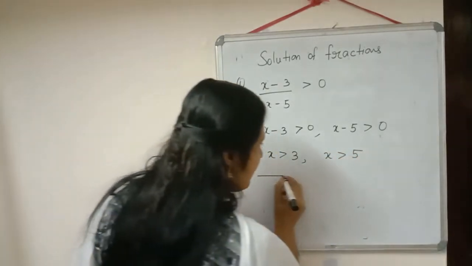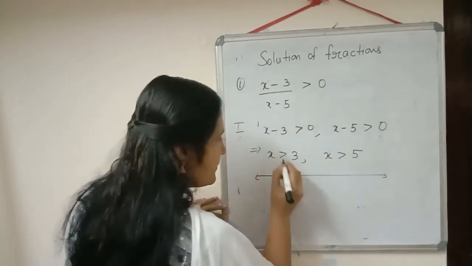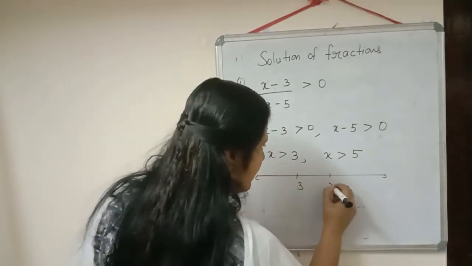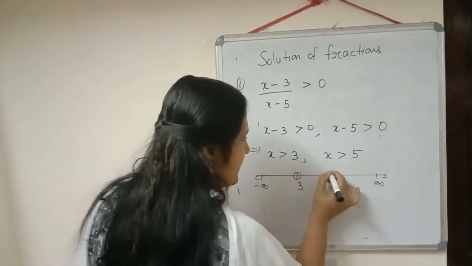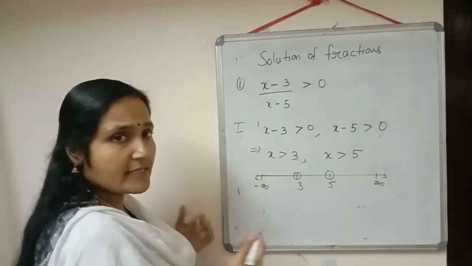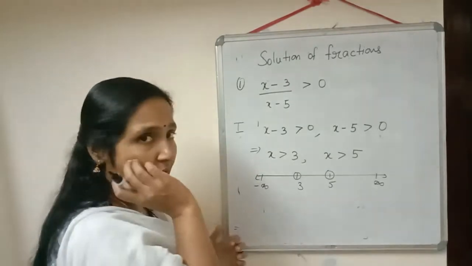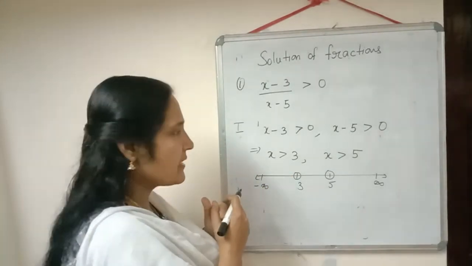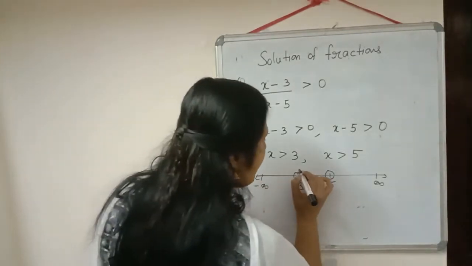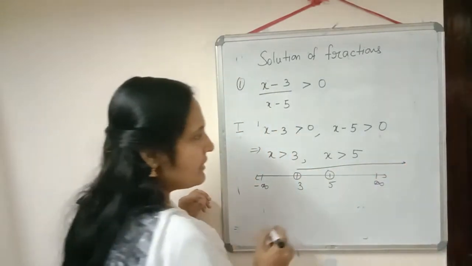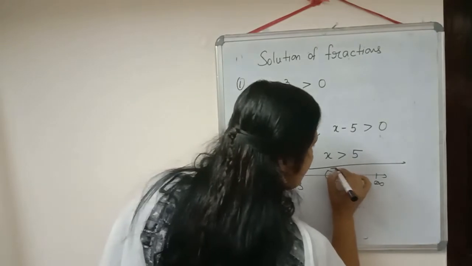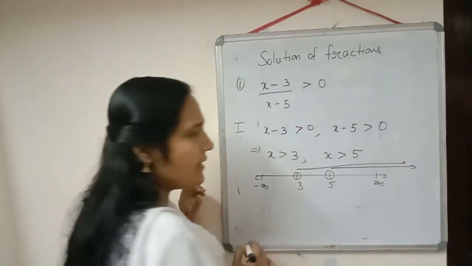So just to draw the number line again, we have the points 3 and 5, with minus infinity and infinity at the ends, and here you can put the circle. Since greater than is there, we don't have to shade the circle. So x will take all the values which are greater than 3, and here x will take all the values which are greater than 5.